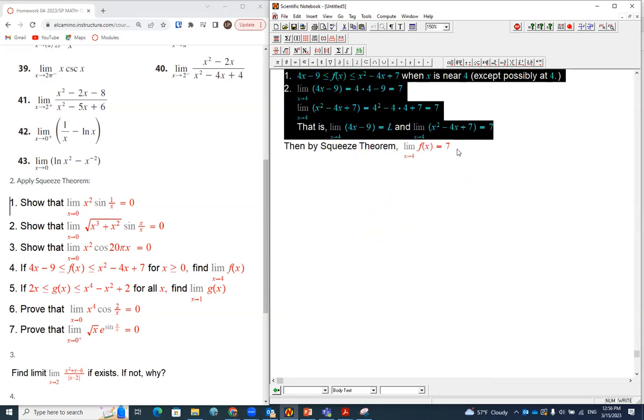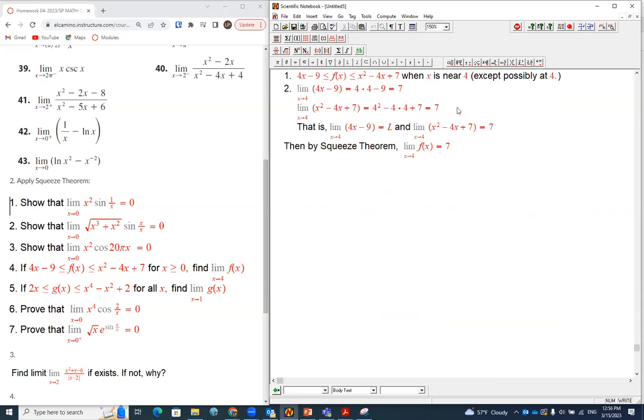Okay, so that was the one on the quiz. And the other one we had is number 6 on the homework. It says prove that the limit, okay, the limit when x is approaching 0. And here we have x raised to the power 4 and cosine of 2 over x equals to 0.